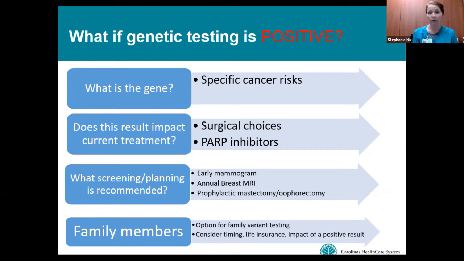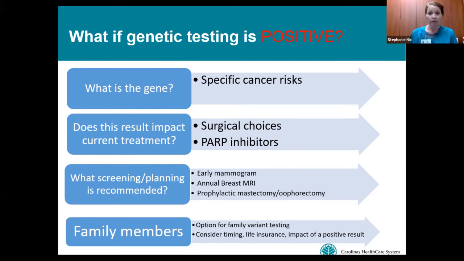So that's one thing that we look at: whenever a gene is positive, are there recommendations for bilateral prophylactic mastectomy, meaning that there's not cancer in the breast, but removing the breast tissue to reduce the risk for breast cancer occurring in the future? Okay. So as far as current treatment, what surgical options does it alter? Are there any medications or treatments that we should offer based on that specific genetic result?